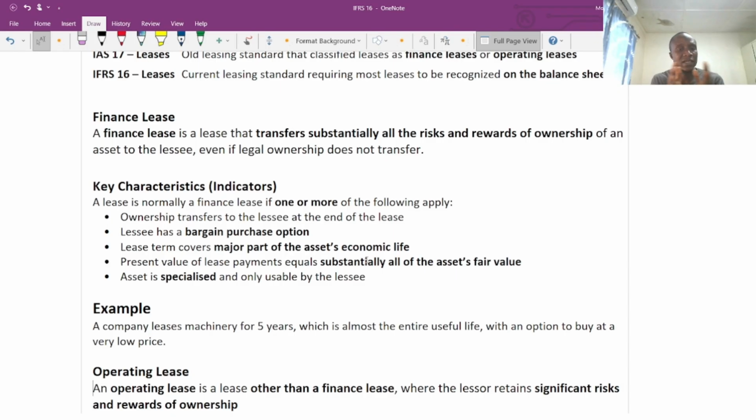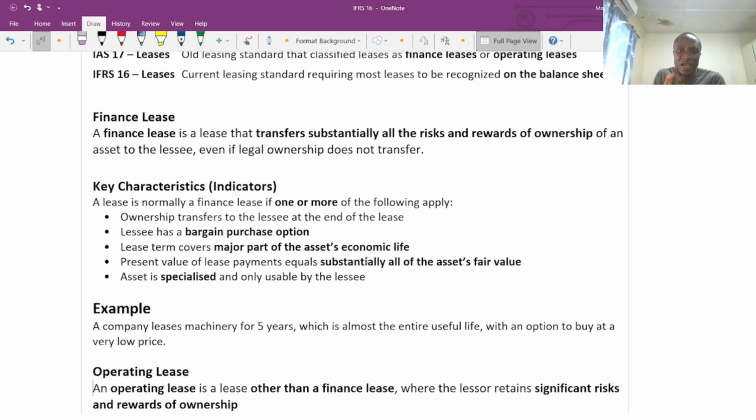Another example: we are talking about machinery. If I am the owner of the machine, then I am the lessor. If I decide to lease the machine to the lessee for a specific period of time, let's assume 3 years, it means I am transferring substantial risk and reward to the lessee.